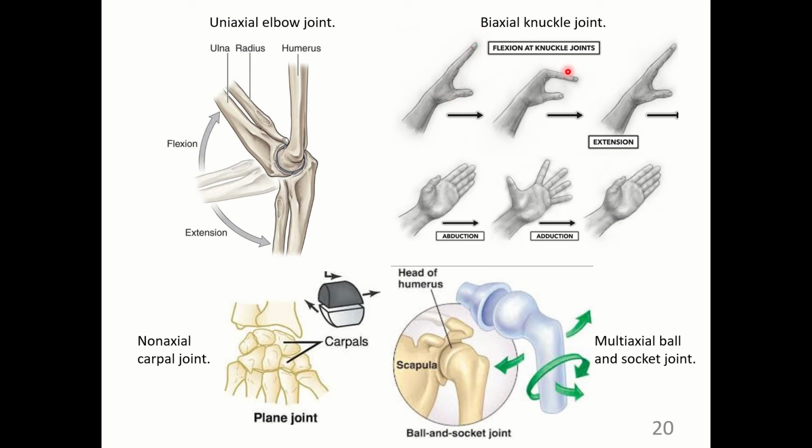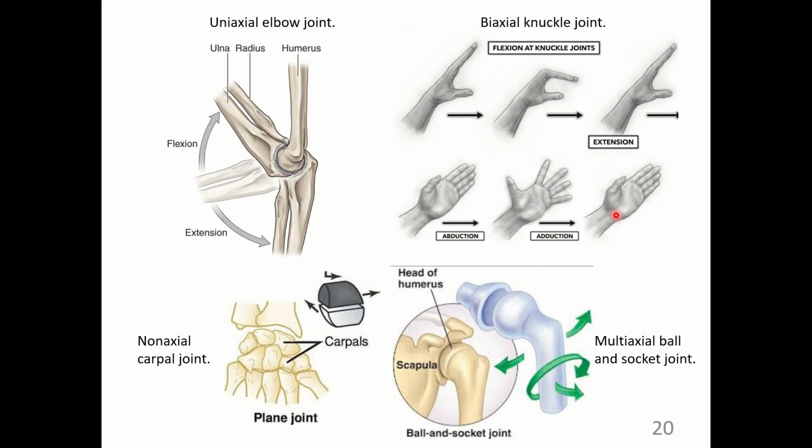And then flexion will decrease the angle between the joint. And then abduction and adduction of the fingers. When you are spreading the fingers, that is abduction. And then when you pull the fingers back together, that's adduction. So here we're seeing the hand moving from adduction to abduction to adduction.